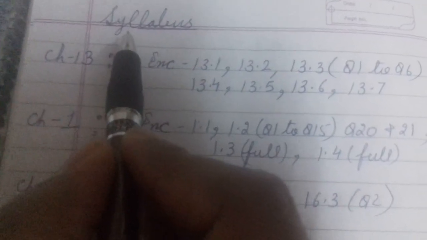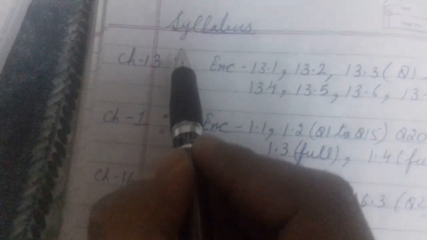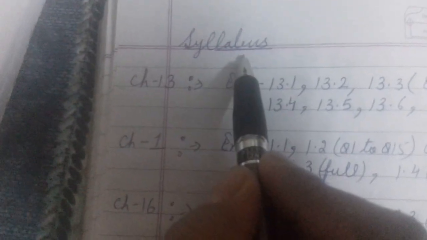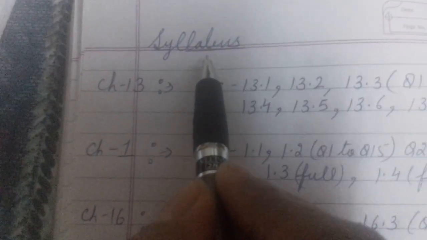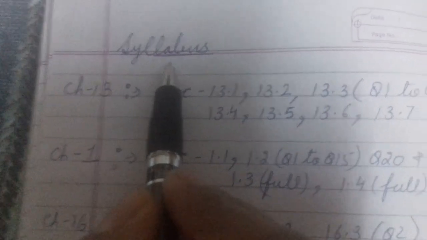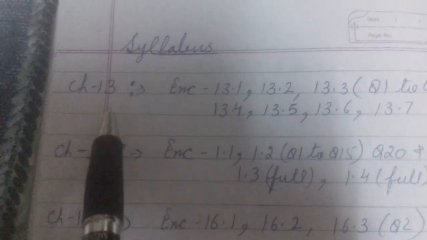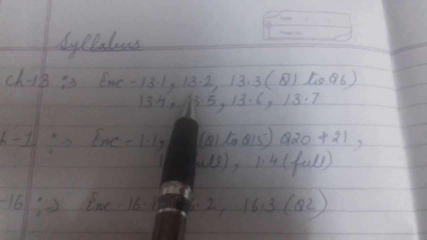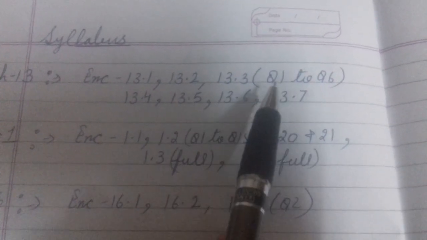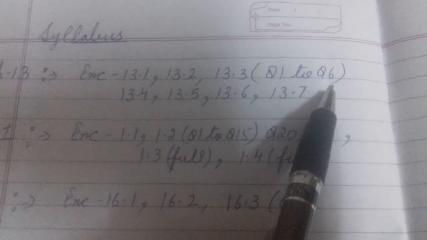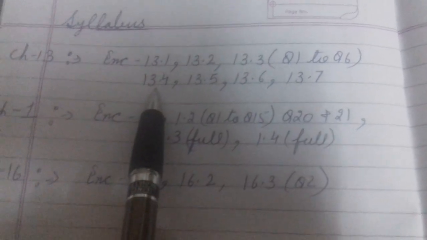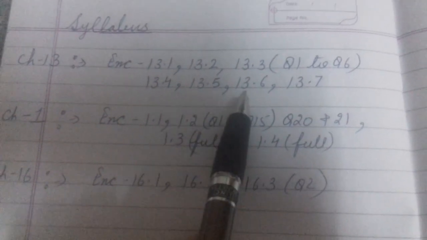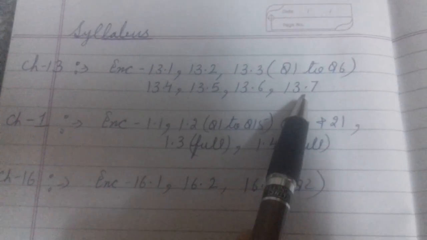Yes students, with this we have completed the second chapter, and this is the rest of our syllabus. I made you write the syllabus of chapter number 8 and chapter number 2. So note down the syllabus which you are left with. Chapter number 13, exercise 13.1, 13.2, 13.3, question number 1 to question number 6 of 13.3. 13.4 full, 13.5, 13.6 full, 13.7.